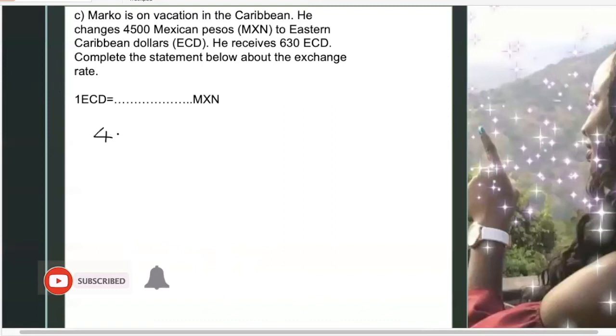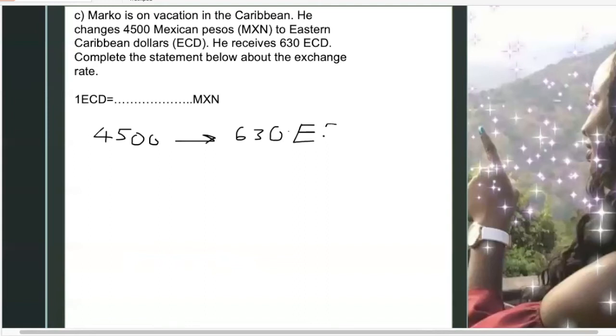So look at it this way. I have 4,500 Mexican pesos, and it gives me 630 Eastern Caribbean dollars. You now want to know what is really the cost to buy 1 Eastern Caribbean dollar.